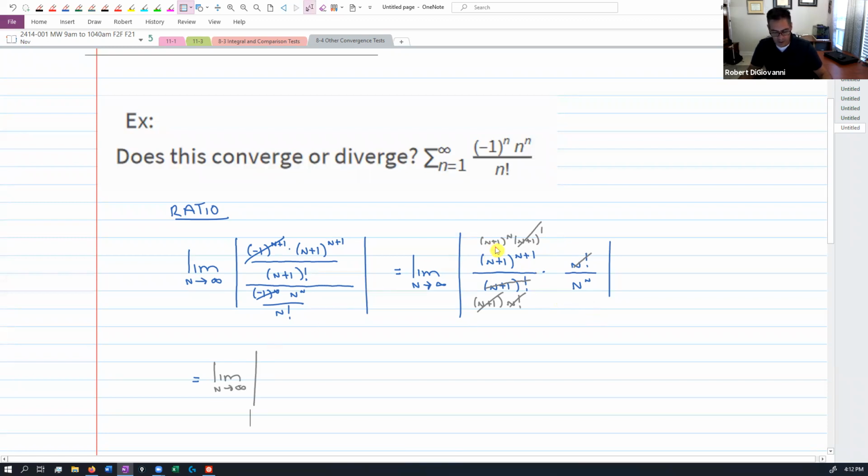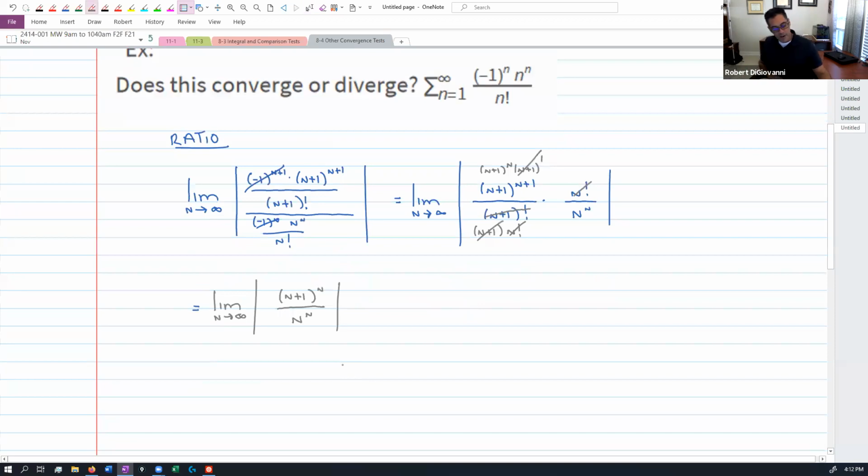The only thing left out of all of this is n plus 1 to the n over, and on the bottom, n to the n. Both of those are raised to the nth power, so I can make that n plus 1 over n to the nth power.